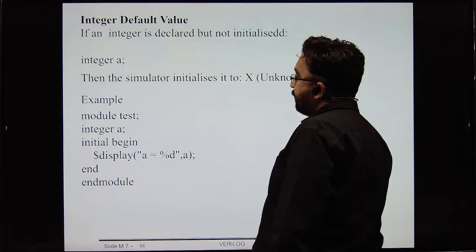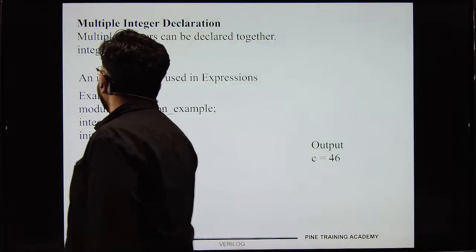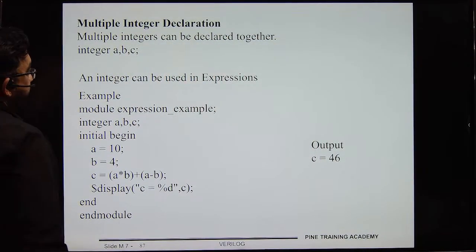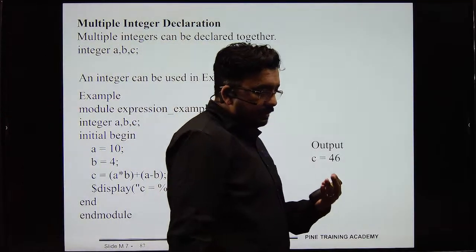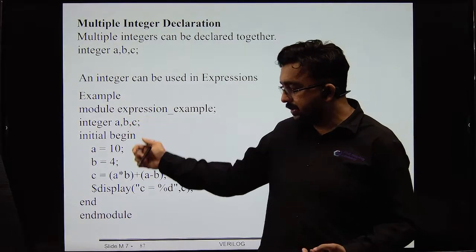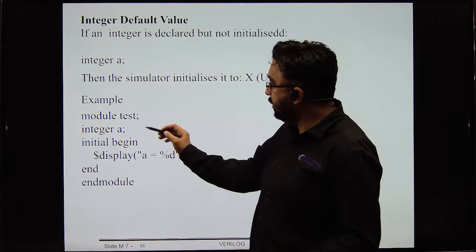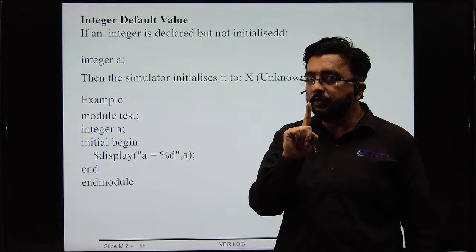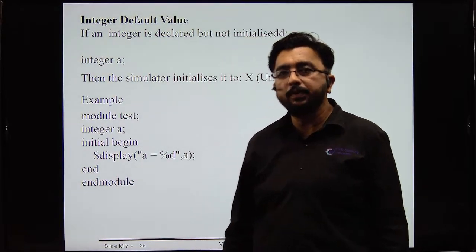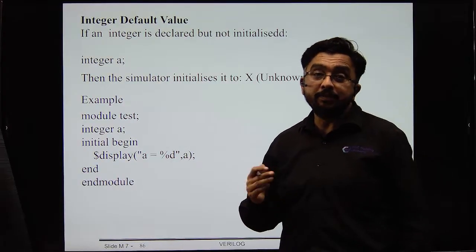Next, the multiple integer declaration. In my previous session, I introduced a simple single integer a. Now what happens if we declare multiple, like a, b, c?